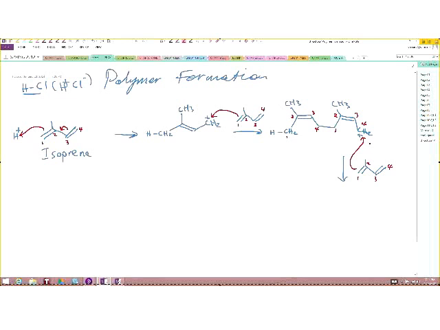Now this process that I'm showing you here is the process of polymerization. In other words, you are starting with a small molecule and then building a bigger molecule.